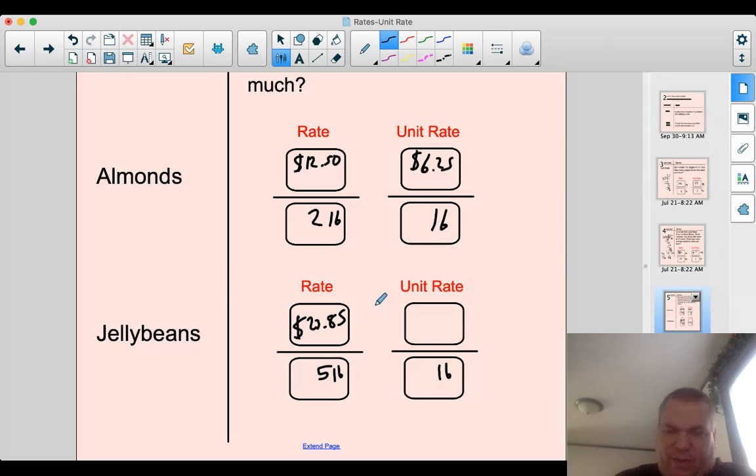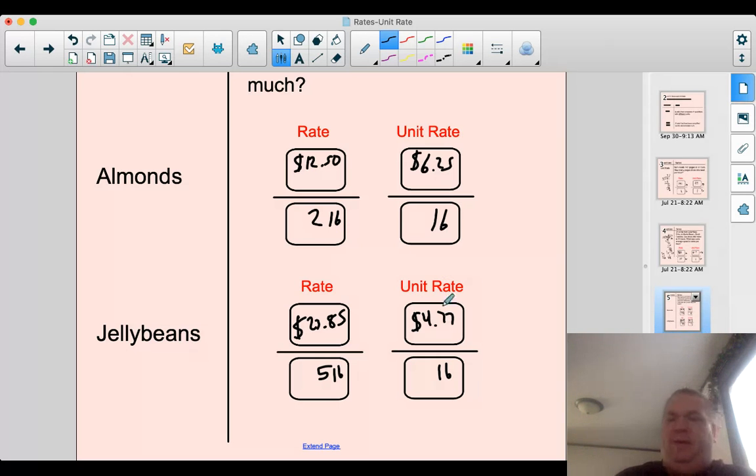If I do that quick in my head, you can check me. I'm getting $4.77. Okay, so go ahead and check me. That's what I'm thinking. So $4.77 per pound is what I'm getting here.